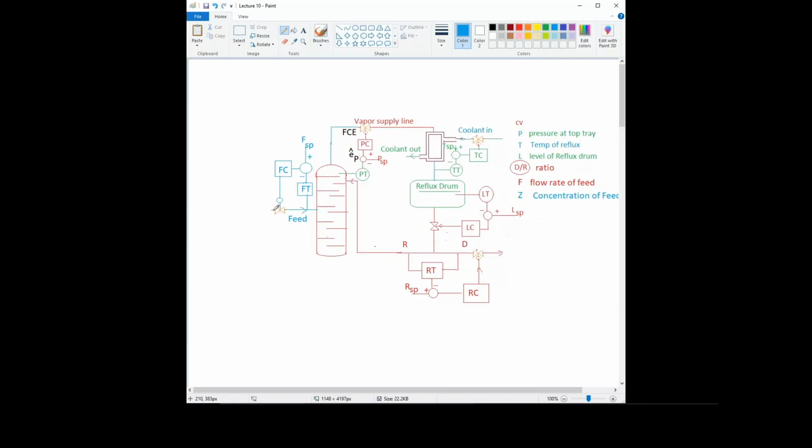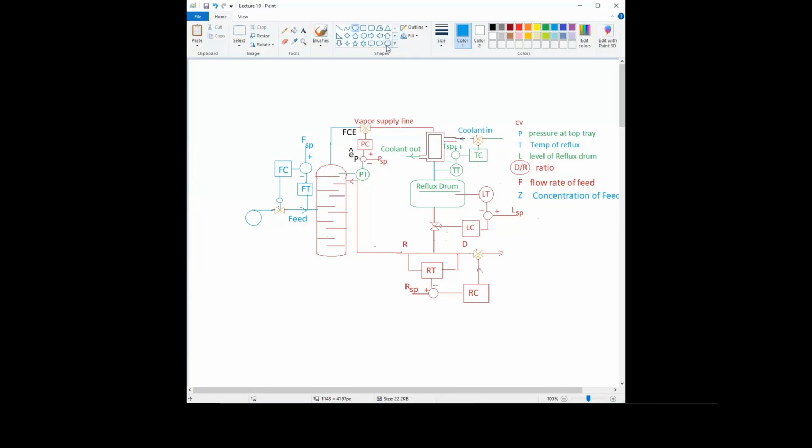So a similar thing will be done here. Okay, here we'll add one more thing. This is the feed supply, and here we will add one more thing.